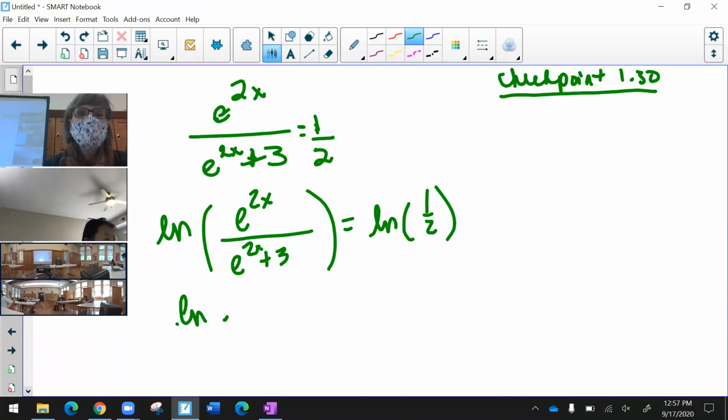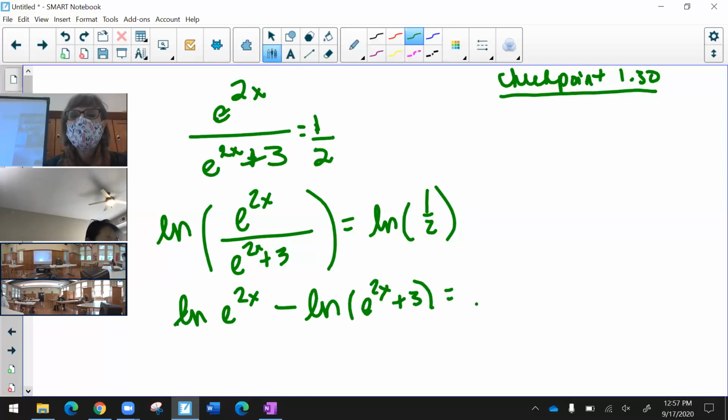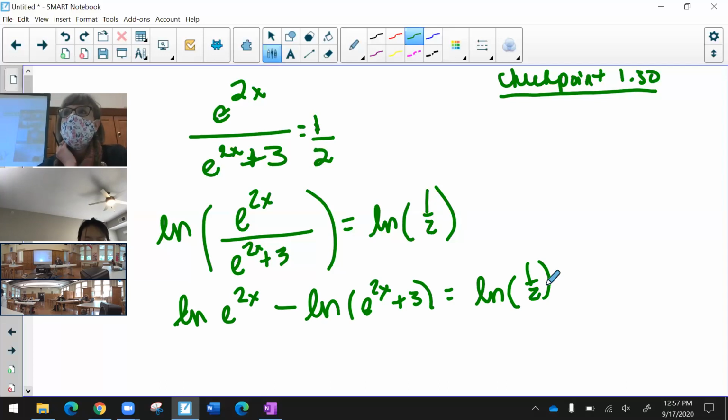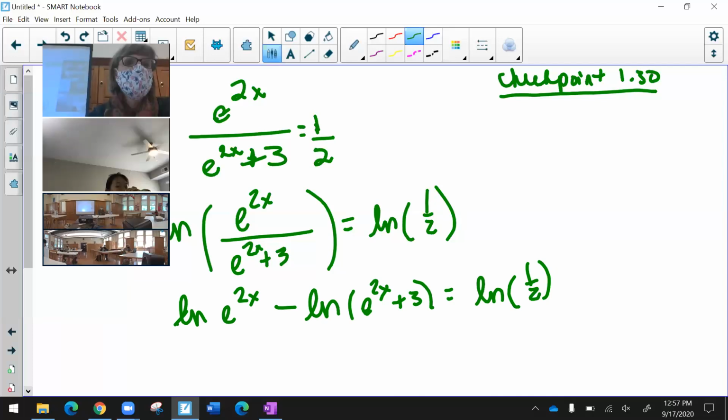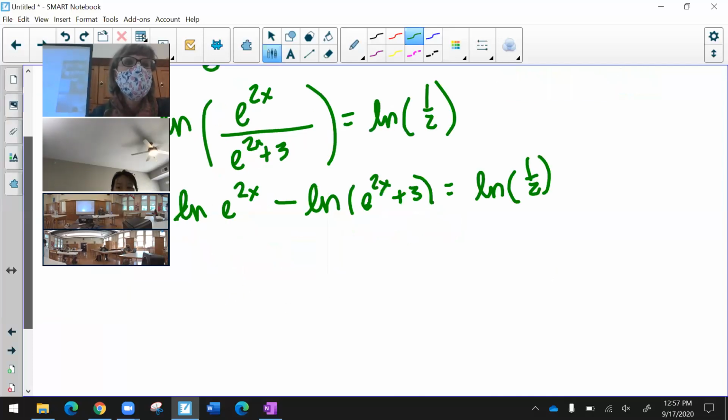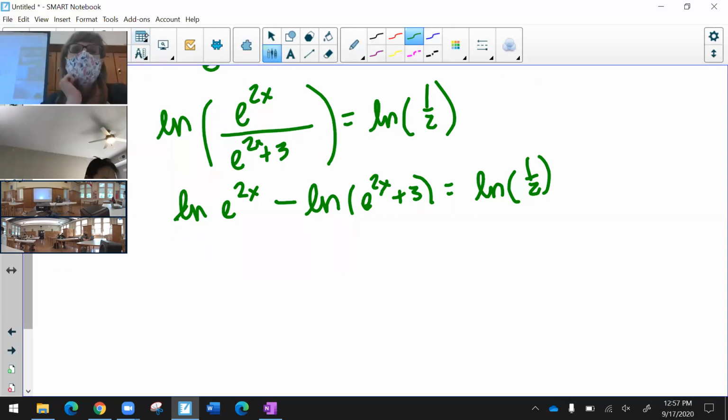Okay, so I'd have natural log e to the 2x, and then what? Minus natural log of the denominator, right? Again, natural log of 1/2, if it's a number, I don't care. So now what?